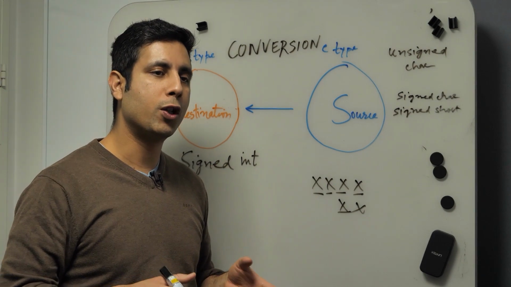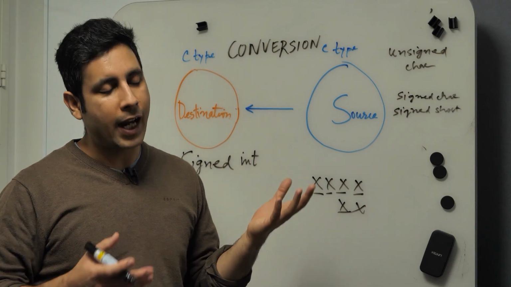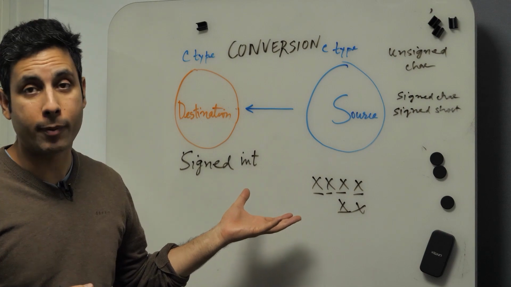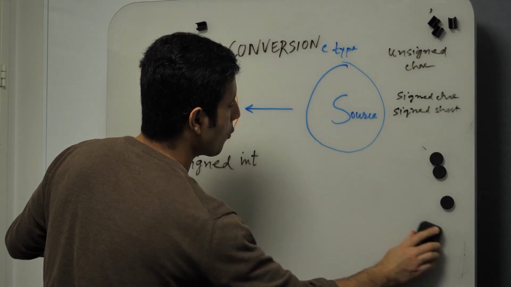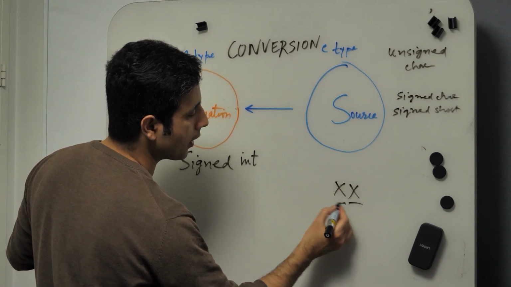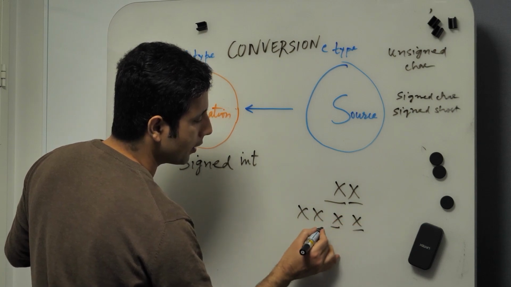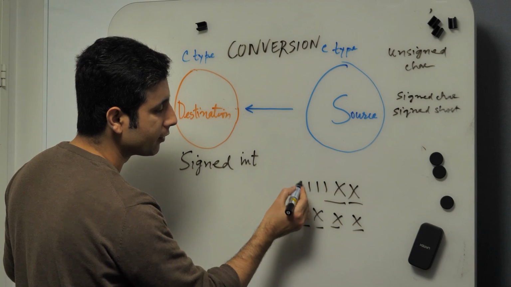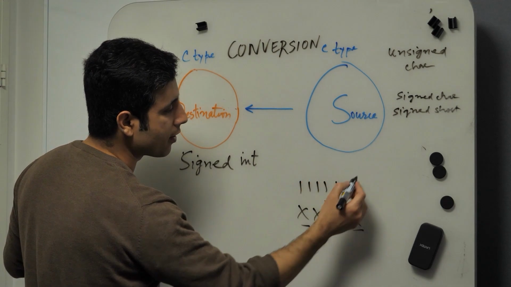So implementations would do it in a certain way, and they will of course ideally define it, but it won't be portable at all. Of course, if source is smaller, say source is 2 bytes long and destination is 4 bytes long, then we do sign extension from source signed value.